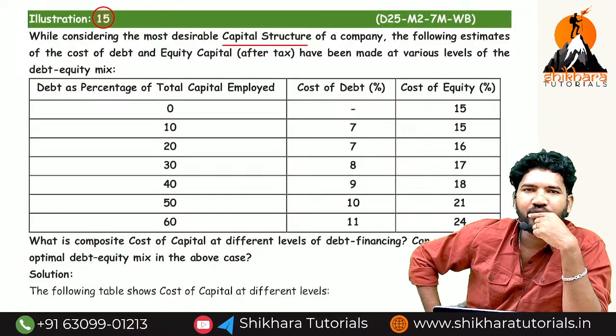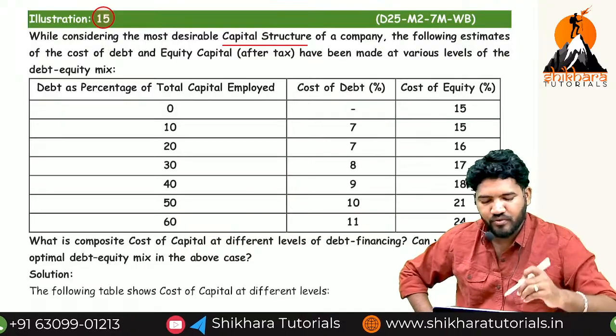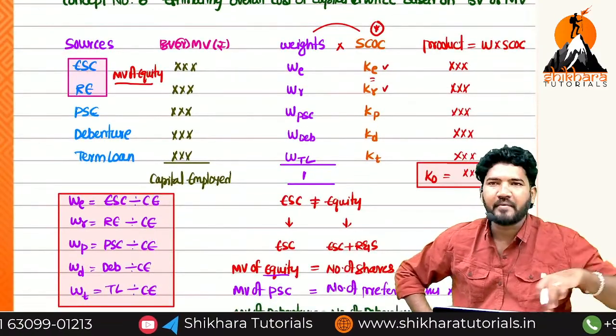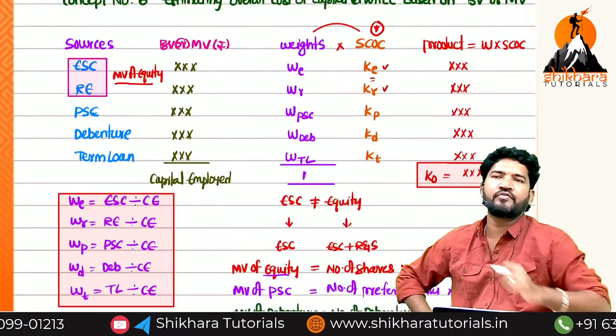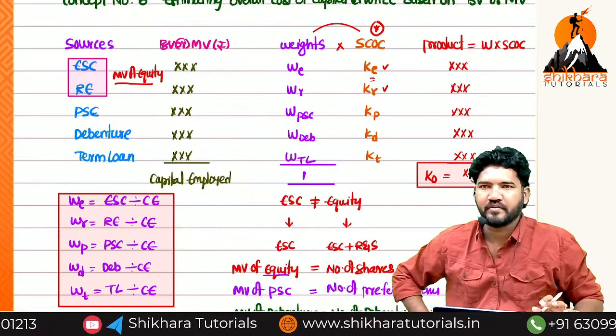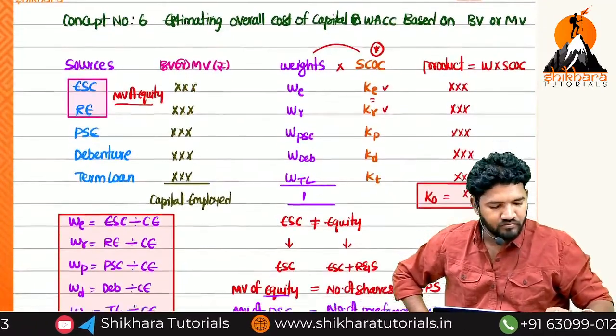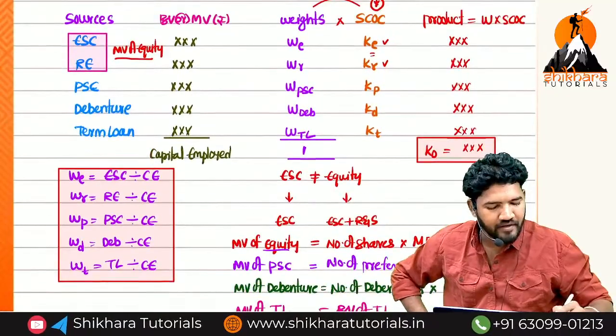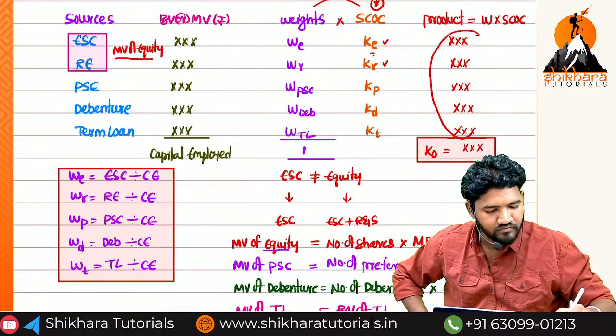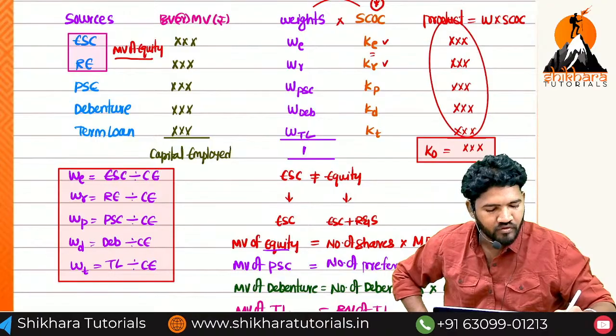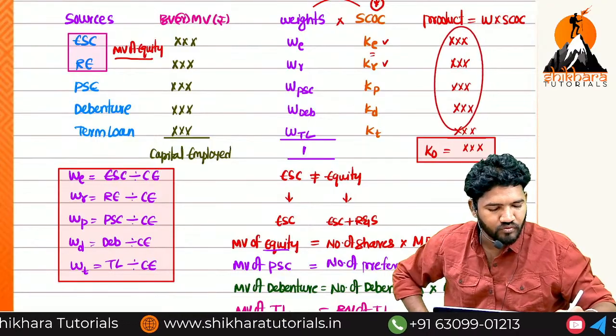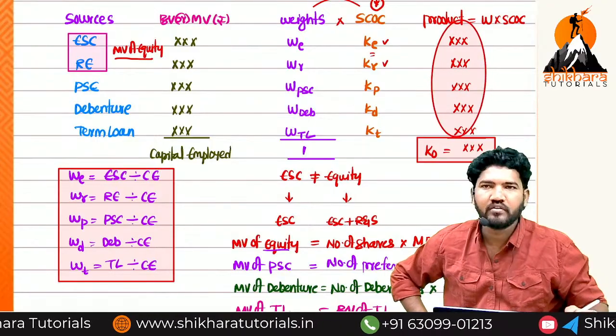How to calculate KO? Previously you just stated a statement, but that statement is not possible for this problem. A shortcut is possible. What happened here?